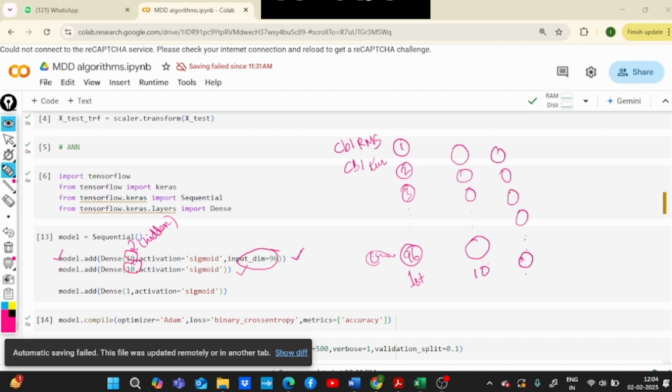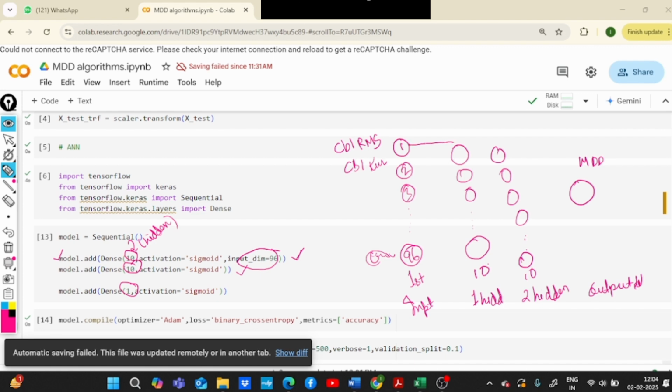Okay, so this is my input layer. This is my first hidden layer. This is my second hidden layer. And then I am having one output layer. There is only one output in the output layer. The output here is MDD, whether the patient is having MDD or not.